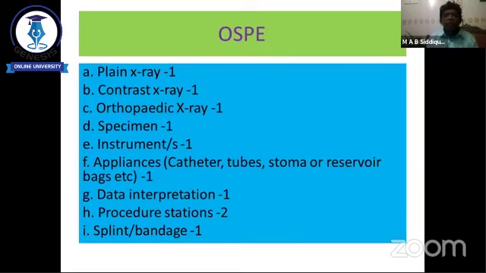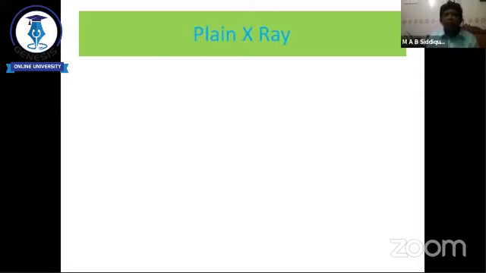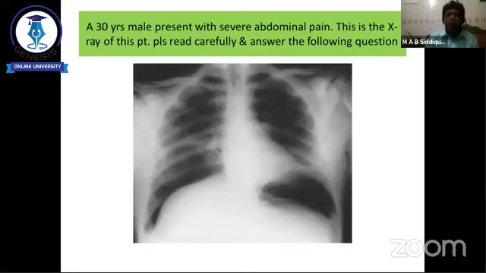So today we will discuss the plain X-ray. There are some X-rays that can be in your exam, so we will discuss these X-rays. First of all, I want to mention the X-ray that is showing on the screen.